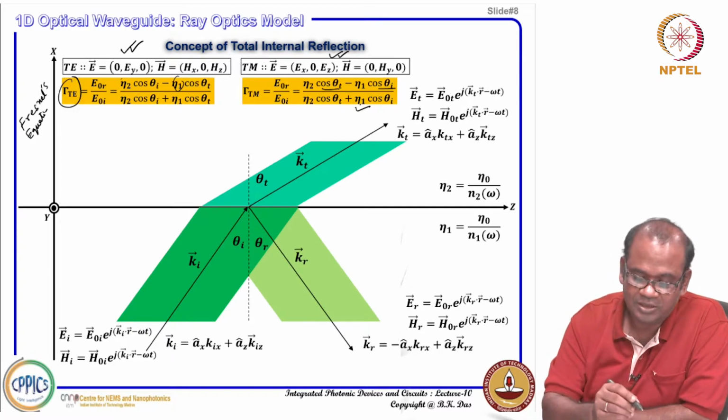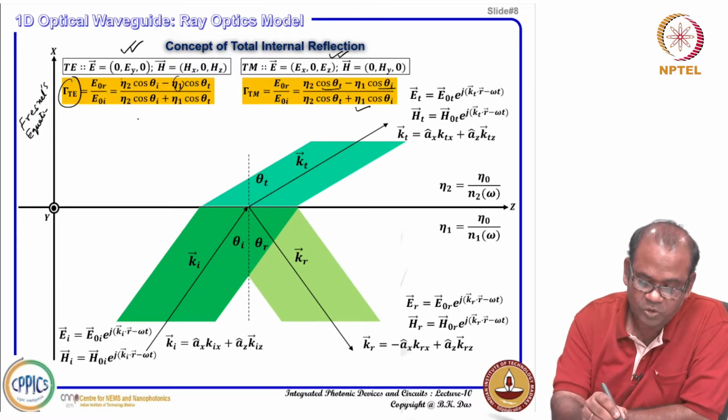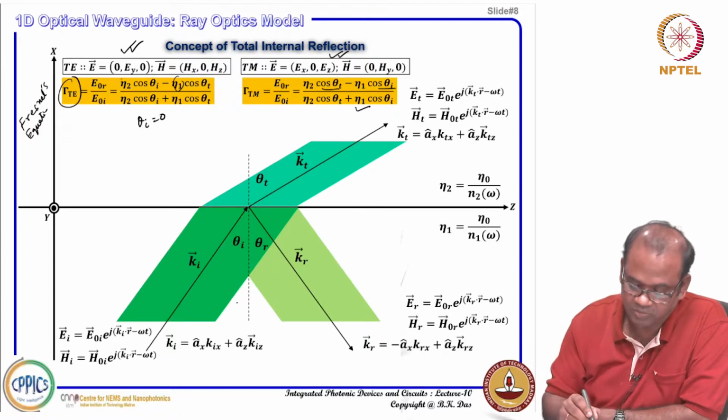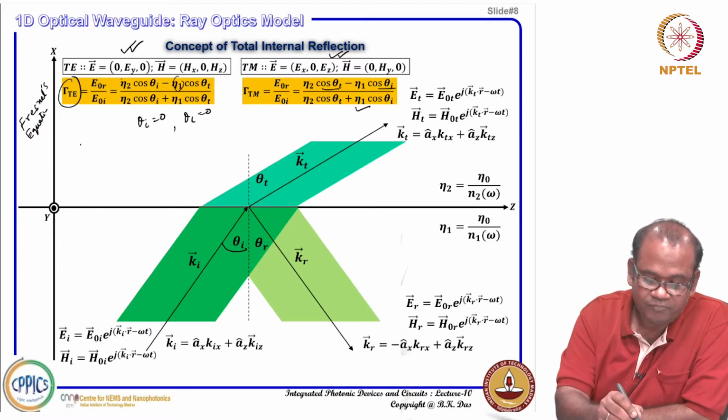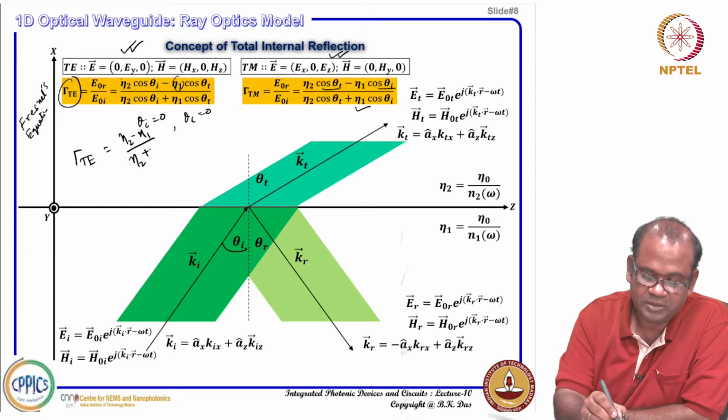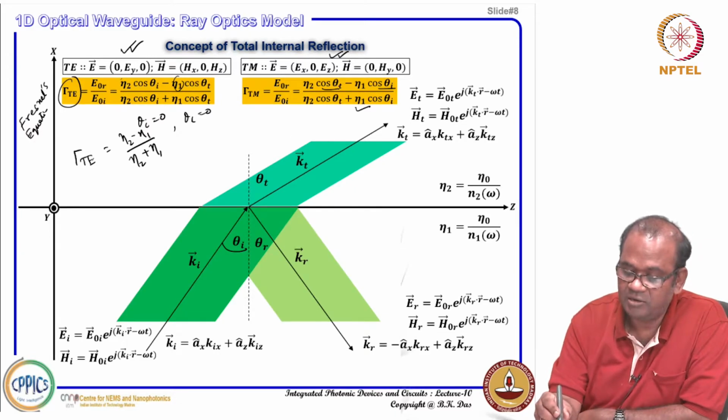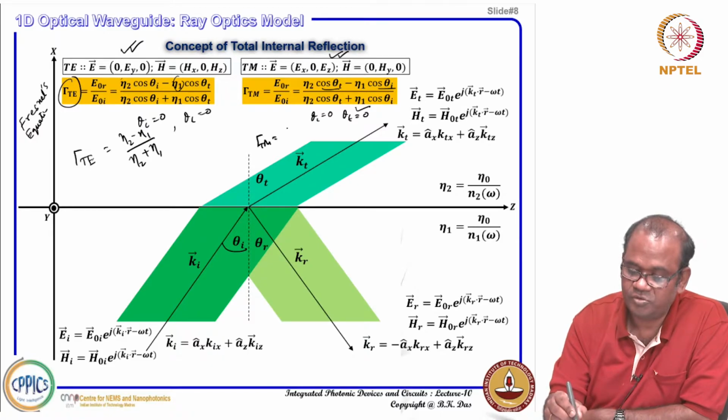One more interesting point: suppose theta i equals 0, that means normal incidence. Obviously theta t will also be equal to 0. In that case gamma TE will be equal to (eta 2 minus eta 1) by (eta 2 plus eta 1). Similarly, if we put theta i equal to 0, theta t also will be 0, then gamma TM will also be (eta 2 minus eta 1) by (eta 2 plus eta 1).